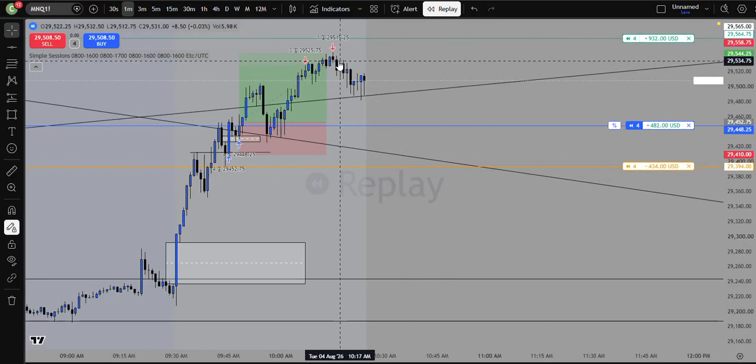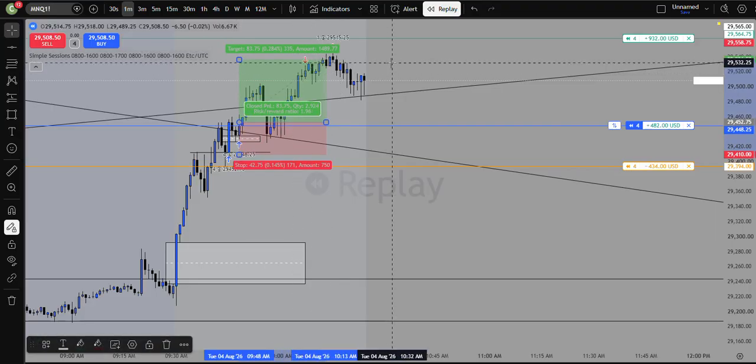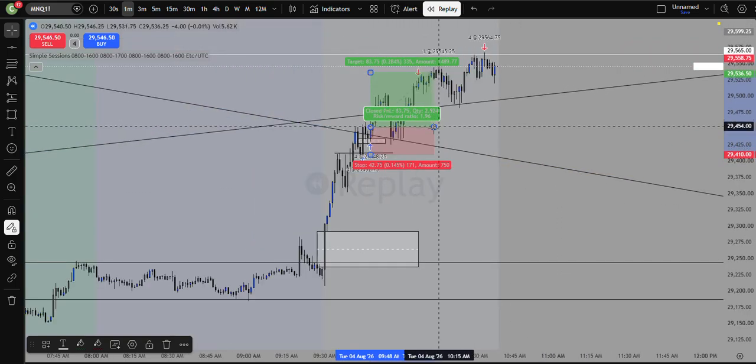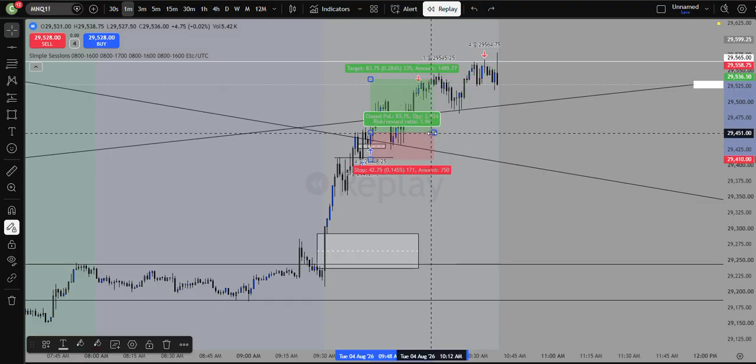Like when I took this trade right here, 180 pips was okay for me, but I'm just going to let it play out. This is a trade that you want to trail.